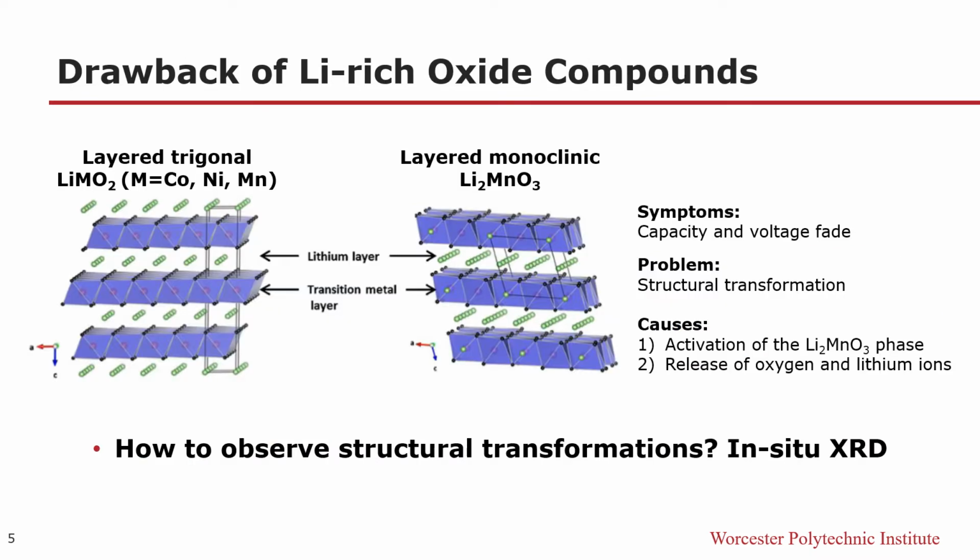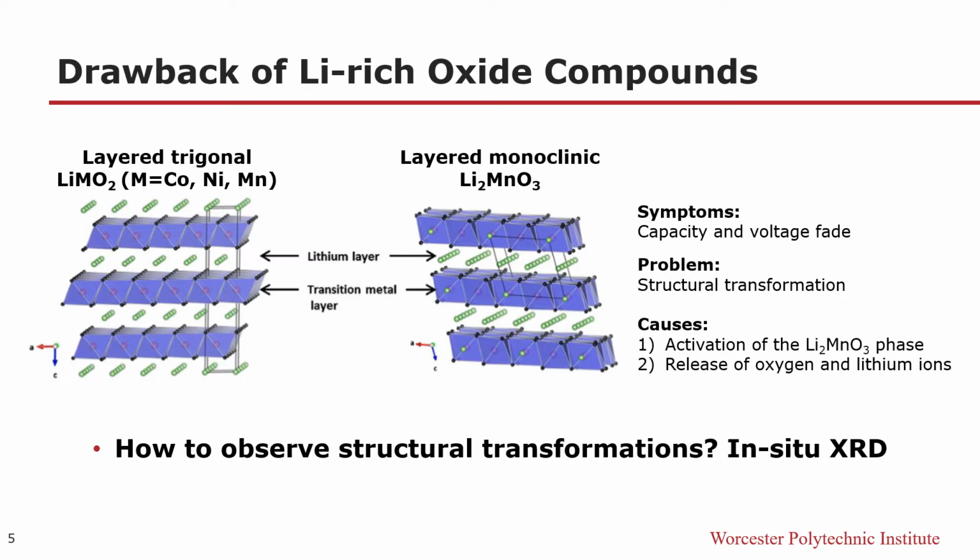These lithium-rich oxide compounds are two-component composites between Li2MnO3 and lithium metal oxide. Lithium-rich oxides are among the most appealing cathode materials and can deliver higher capacity compared to the conventional cathodes.